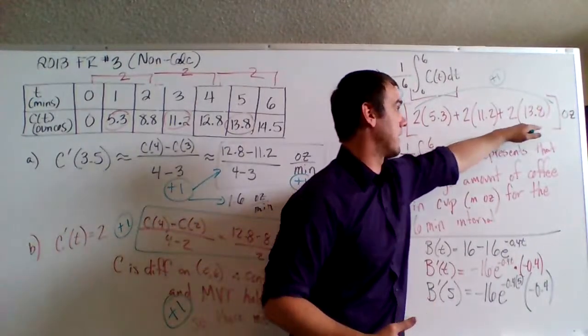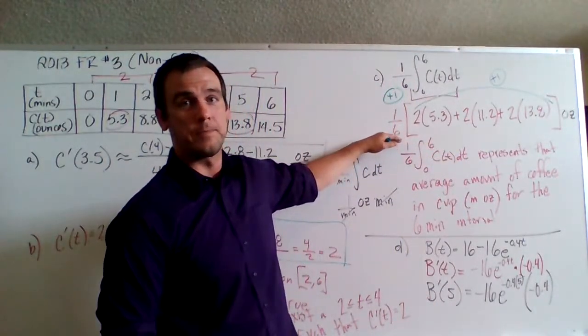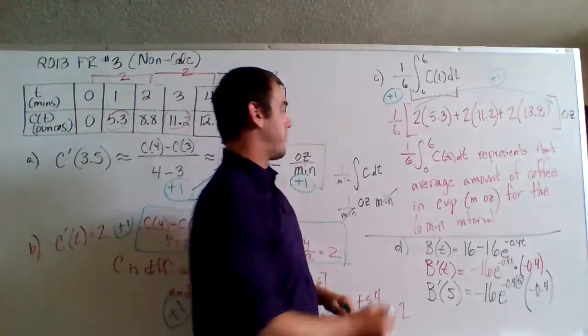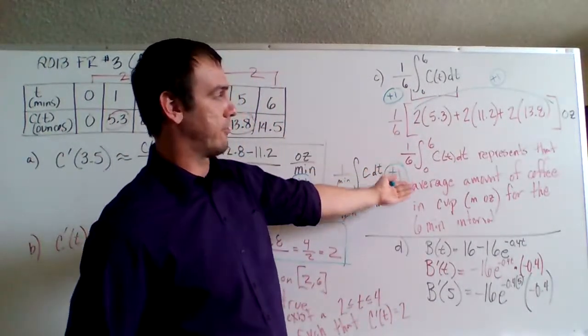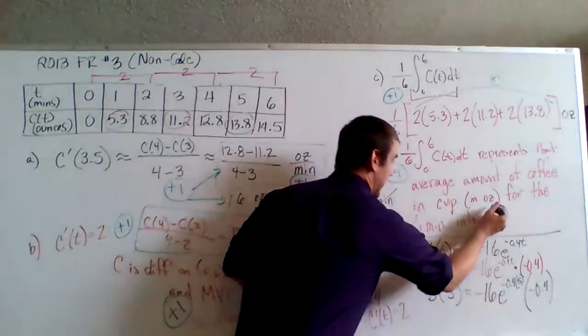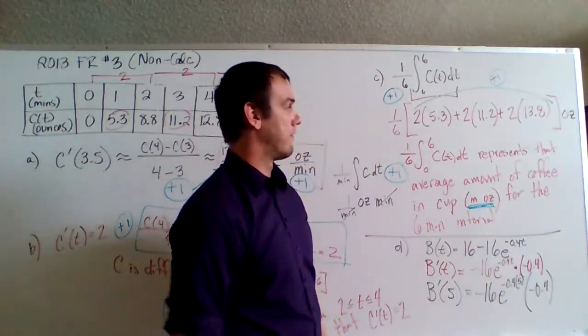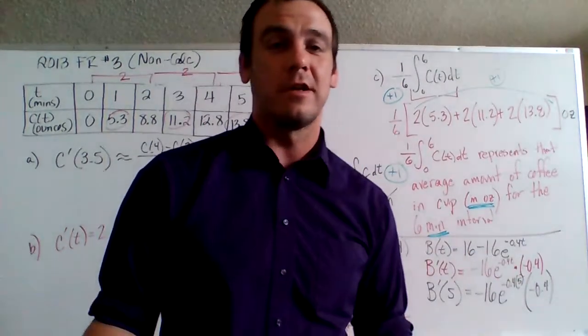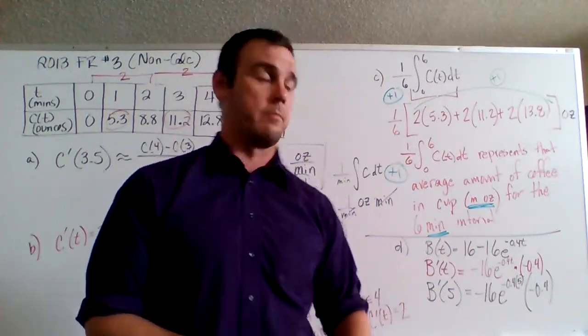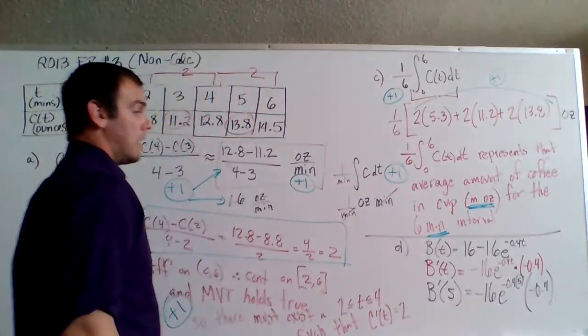This one single line got me 2 points. Okay, you're gonna get your third point from explaining what the heck you're talking about here. So it's the average amount of coffee in ounces for the 6-minute interval. Okay, make sure you're including those units in both of those kind of spots there.